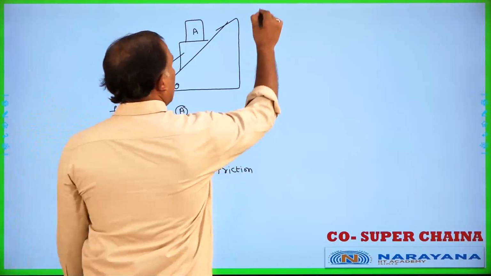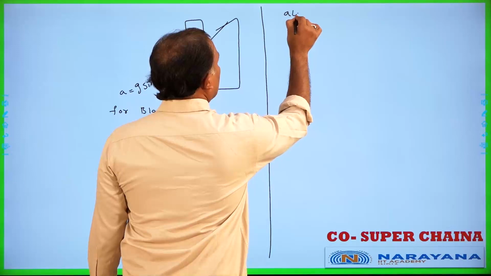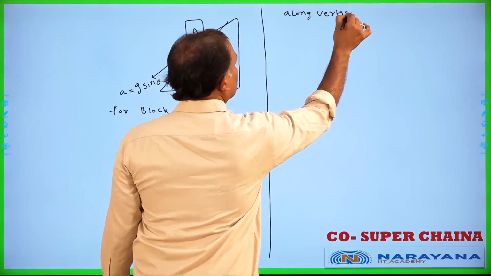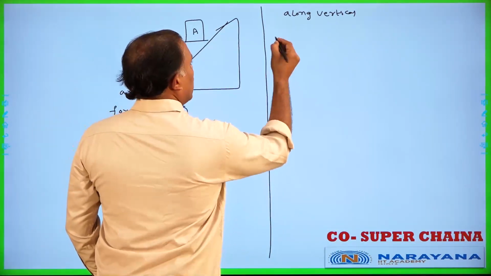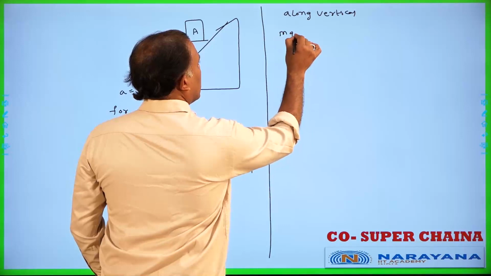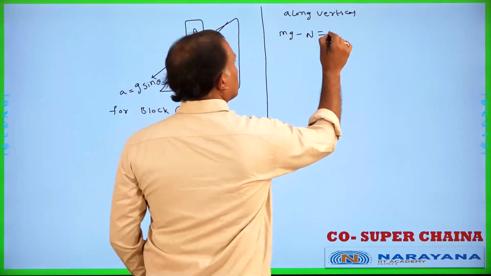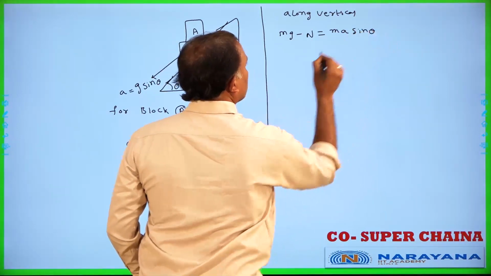Now along vertical, mg minus N is equal to ma sin theta.